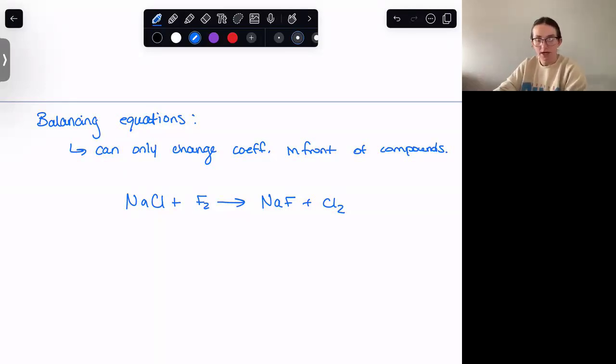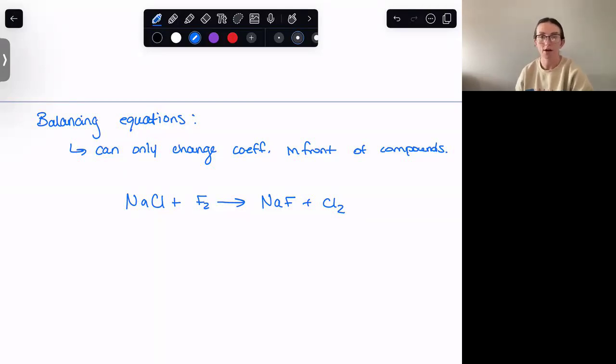So first question you want to ask is, is this balanced? Is this equation balanced? This is not balanced. And we can look at this because chlorine has 1 on the left and 2 on the right, and then fluorine has 2 on the left and 1 on the right.